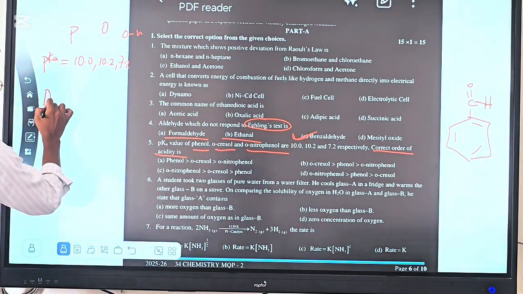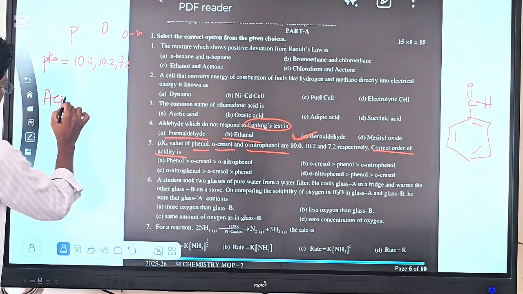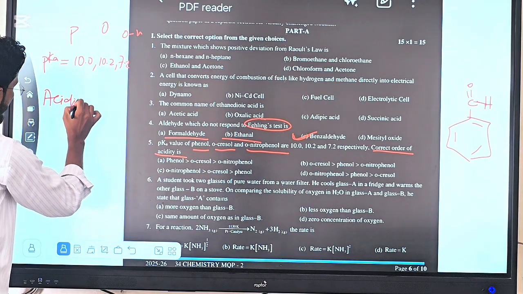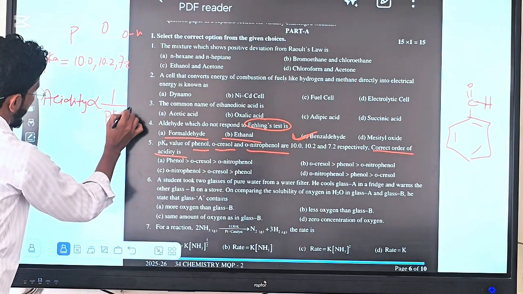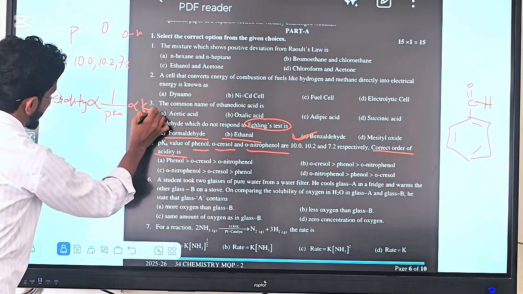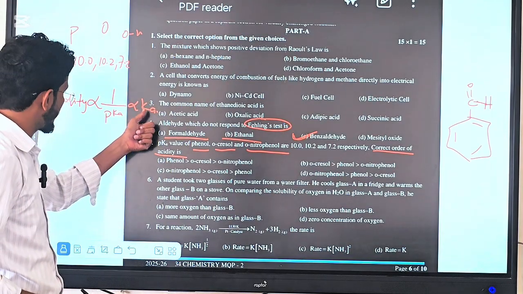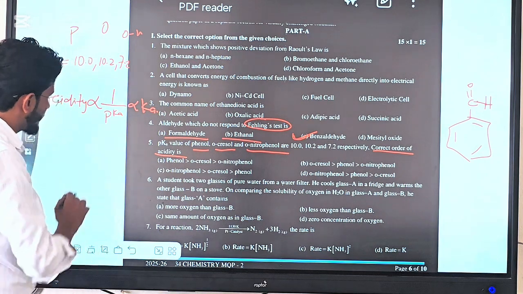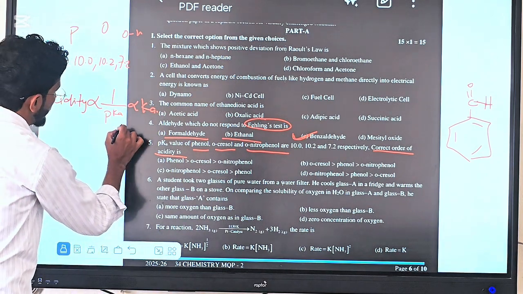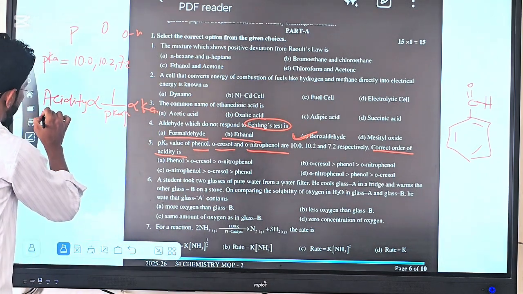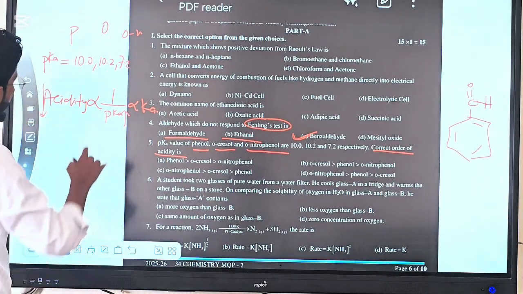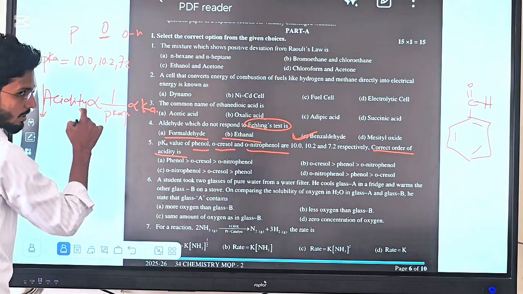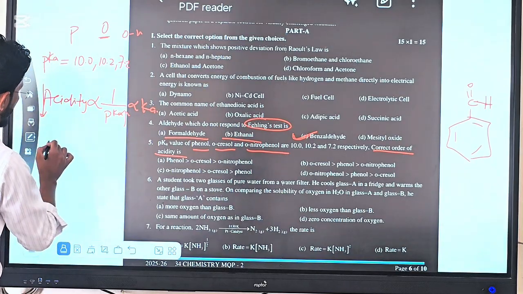Now, the correct order of acidity. As we know, acidity is inversely proportional to pKa and directly proportional to Ka. Inversely proportional means more the pKa, less will be the acidity. Among them, maximum pKa value is O-cresol. So less will be the acidity of O-cresol.